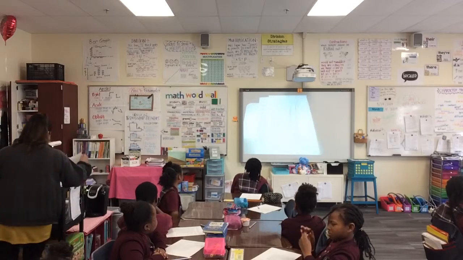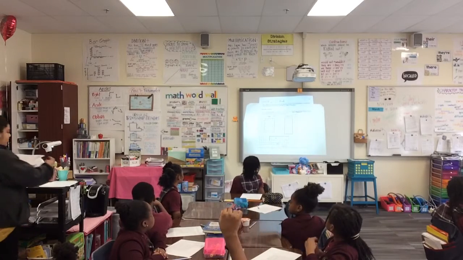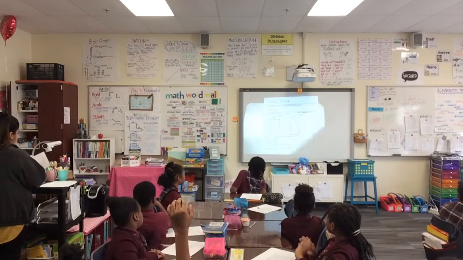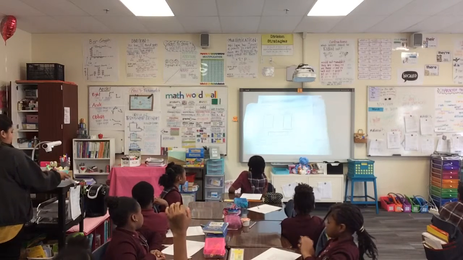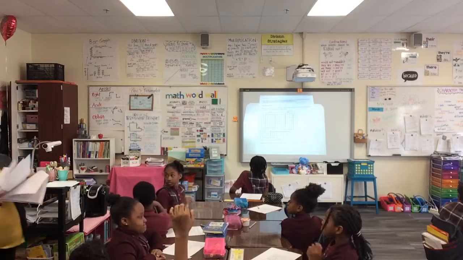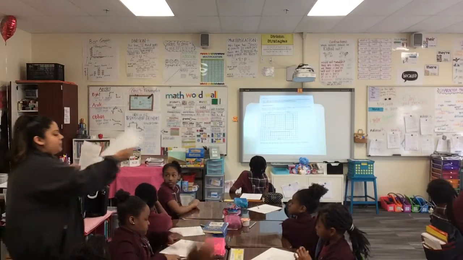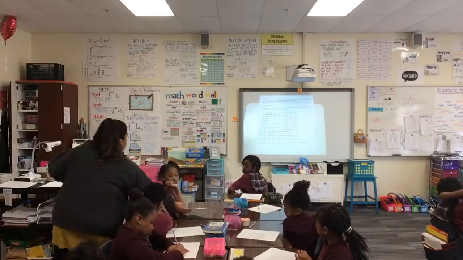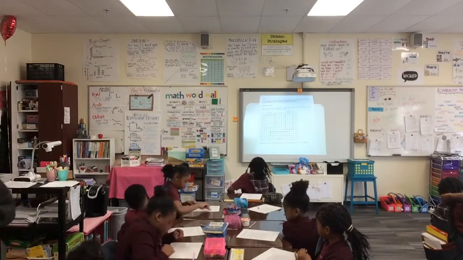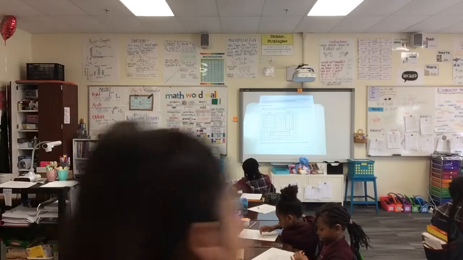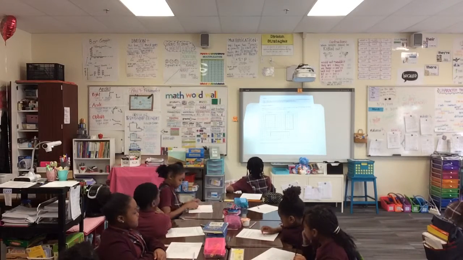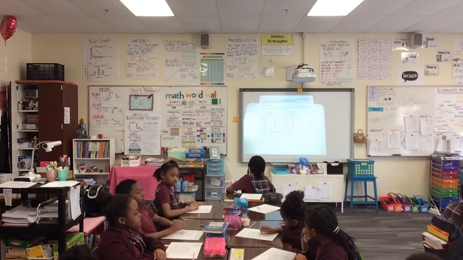What else could we have done? Very good, you guys. What else could we have done on our papers to be 100% sure? These are all correct methods. What else could we have done? Mackenzie?